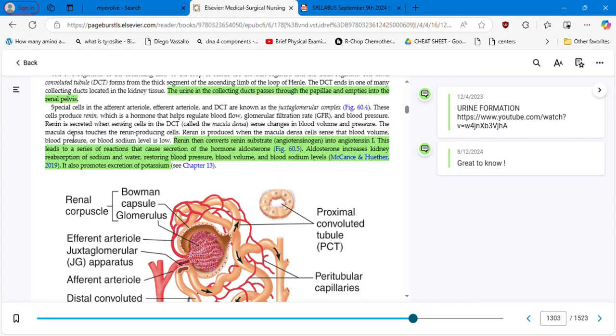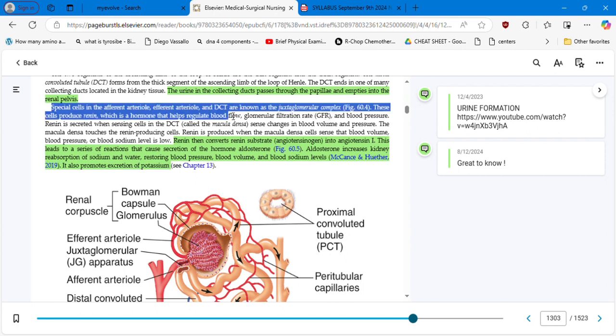So again, the special cells in the afferent arteriole and the distal collecting tubules are known as the juxtaglomerular complex, and they produce renin. So far, so good?